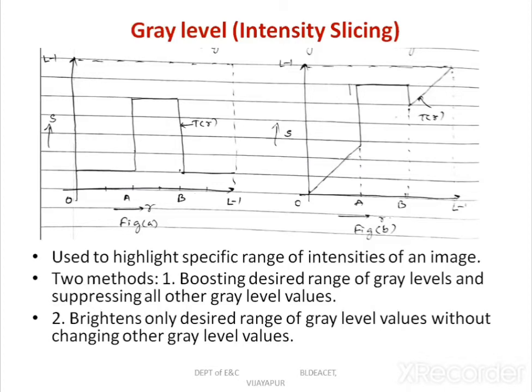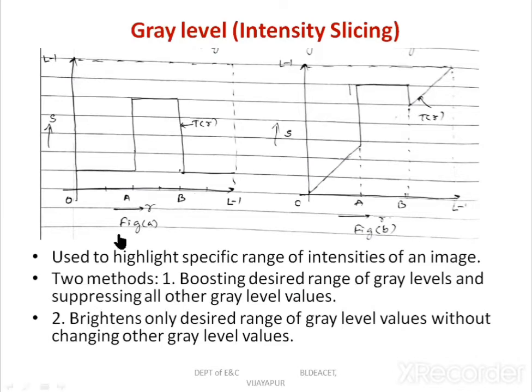Here the pixels whose value lies between A and B are boosted up, and the other gray level values, that is, between 0 to A and B to L minus 1, are suppressed. This is one of the methods we can use for gray level slicing. Only the pixels whose range is between A and B are turned into white, and the other pixels become black.